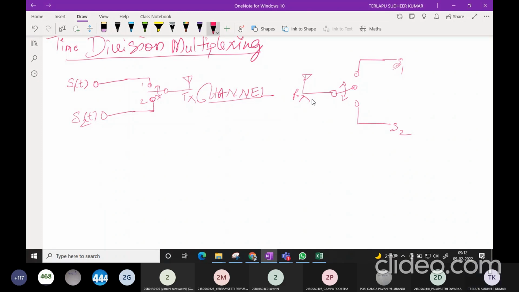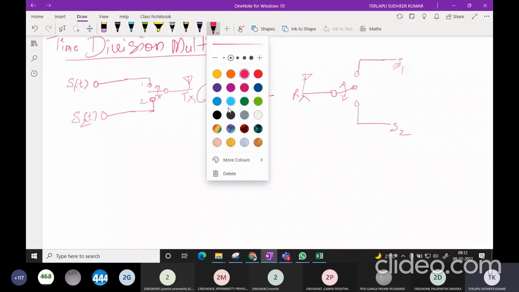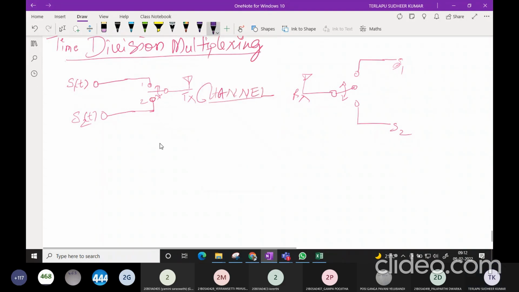Now, let us see how my S1 of t looks like and how S2 of t looks like. I'll take some other color.